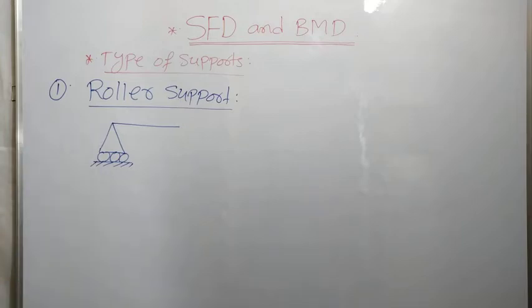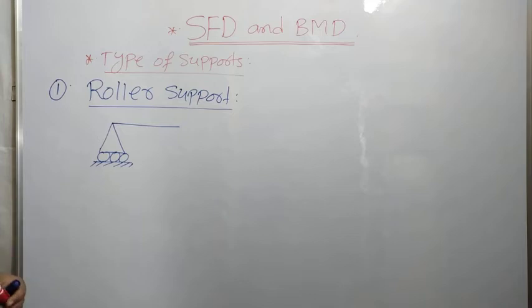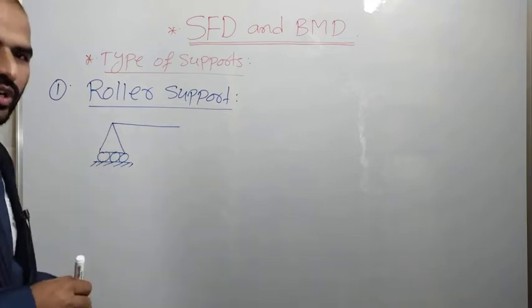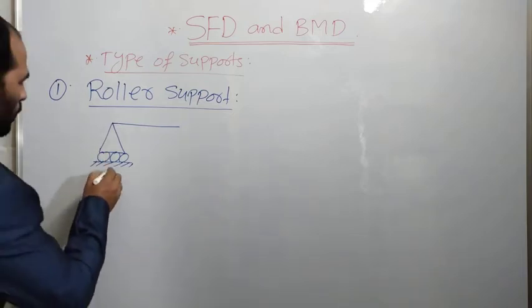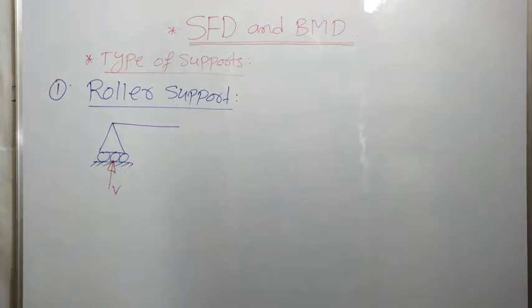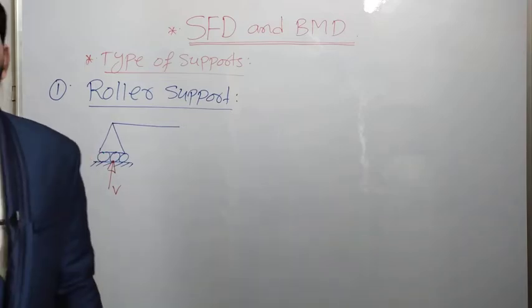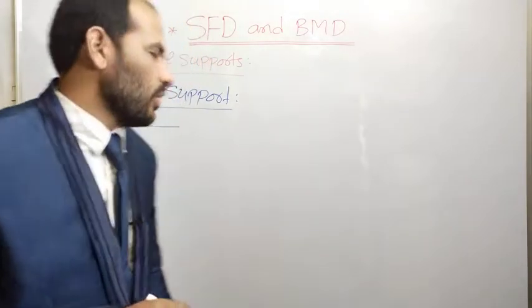For this roller support, how many reactions are developed? Vertical reaction develops like this. This is the vertical reaction, and a horizontal reaction will not develop in the roller support.